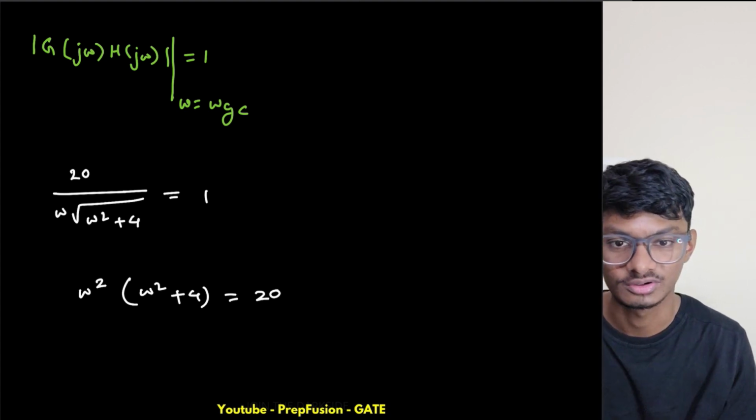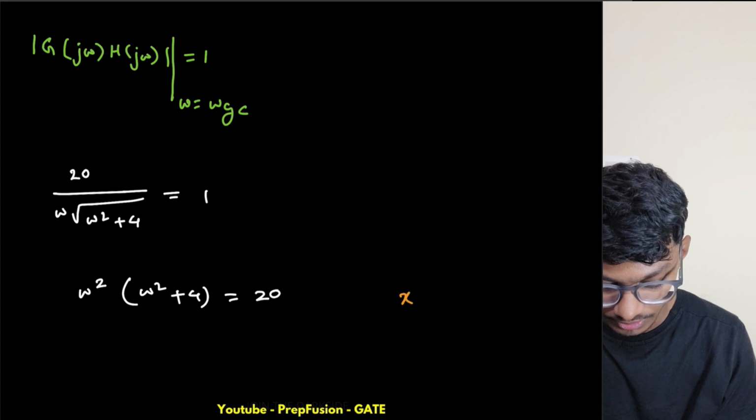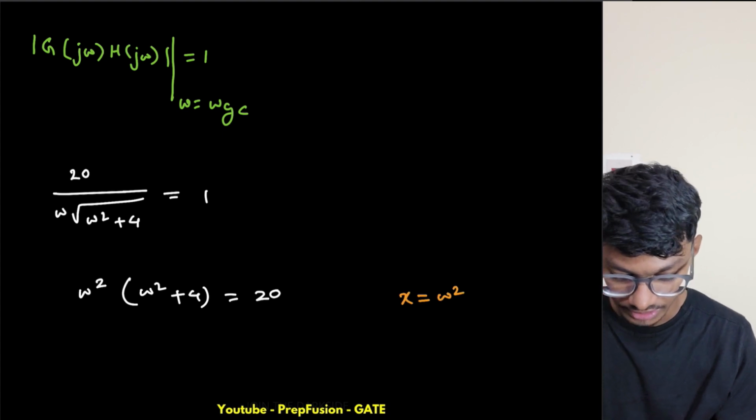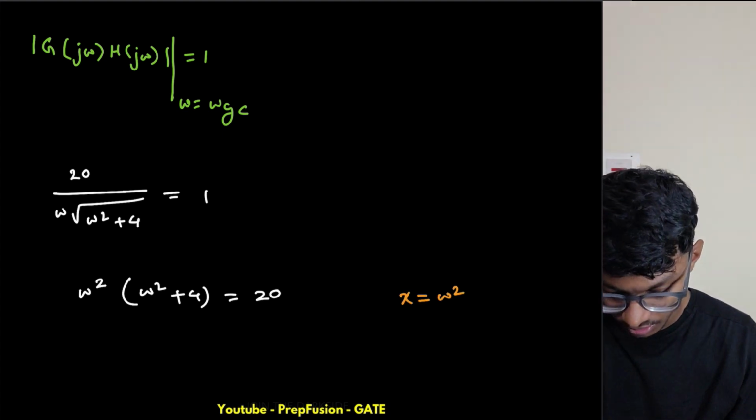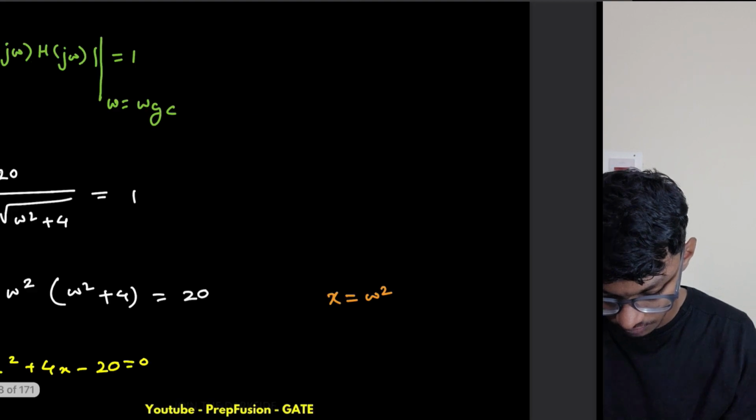Obviously solving a fourth order equation will be very difficult, so I will make x equal to omega square and convert it to a second order equation. So x square plus 4x minus 20 equals 0.